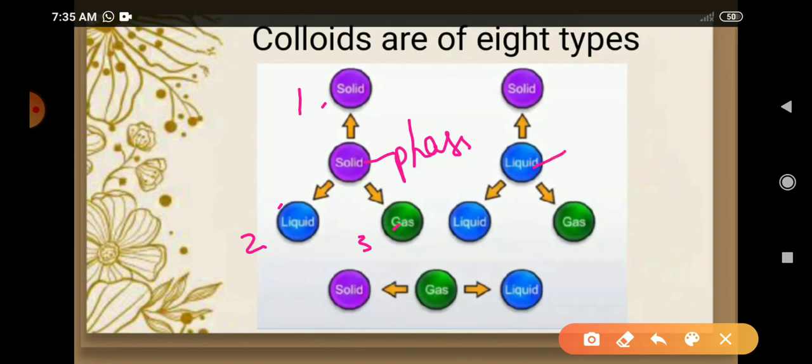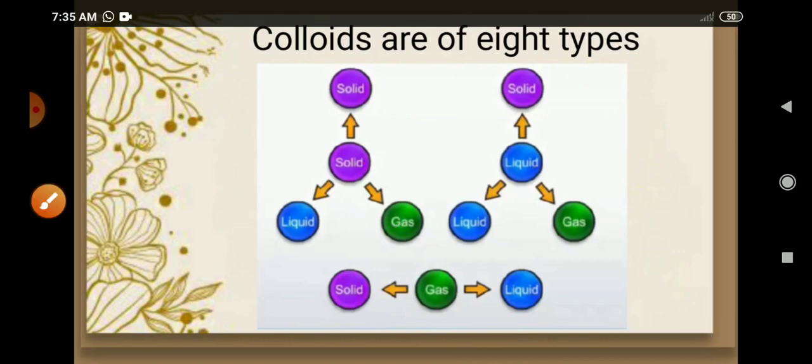And if the liquid is the phase and the other three are the medium, then it makes again 3 types. So we can say this is a fourth type, fifth type, sixth type. And if the dispersion phase is gas, then it makes again 7th type, 8th type. So total 8 types of colloids are there on the basis of the physical state of dispersed phase and dispersion medium. Let us discuss each.